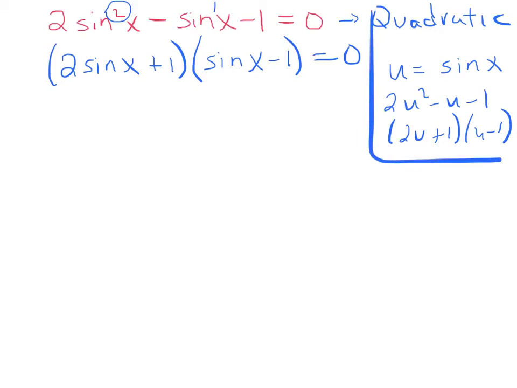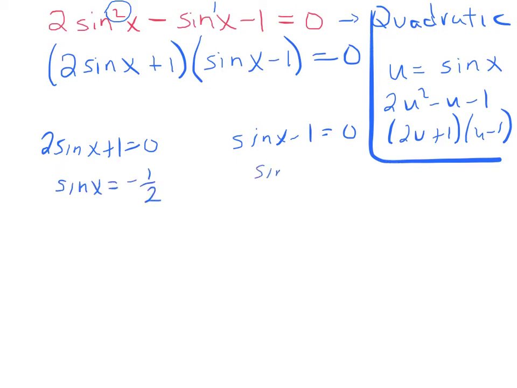Okay? So we got it factored, so we're going to set each factor equal to 0 and solve each one. So this would give me sine of x equals negative 1/2. This would give me sine of x equals 1. So x is the inverse sine of negative 1/2.